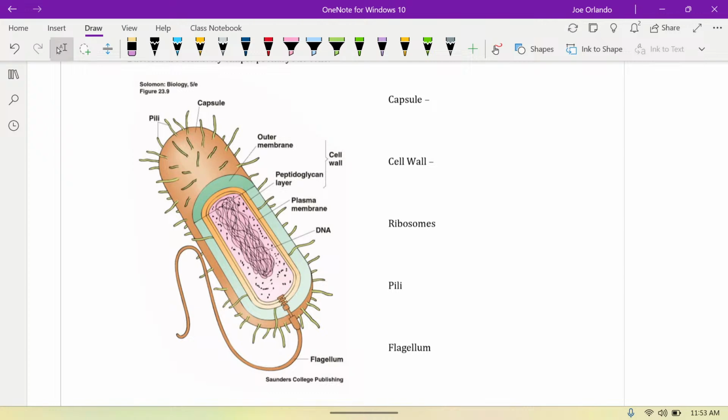One jumps out at us. The first thing that will jump out at you is that the plasma membrane is not the outermost layer of a typical bacterial cell. On our cells, typically, we draw the cell, and that's the membrane, right? But in this type of cell, the membrane is found deeper underneath.